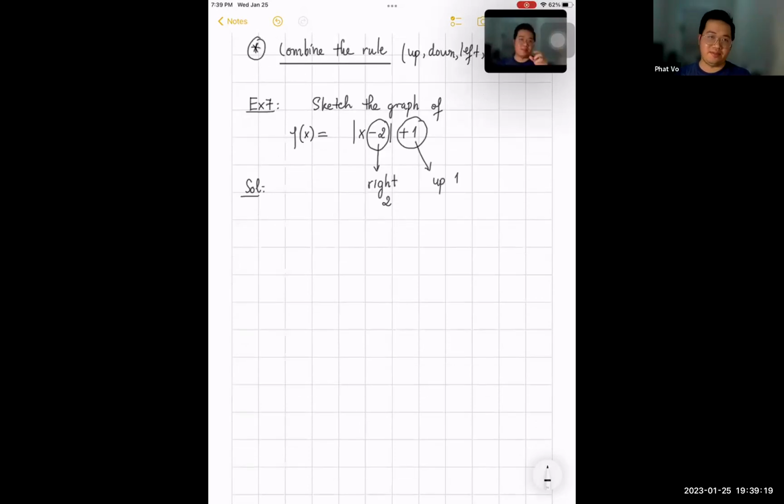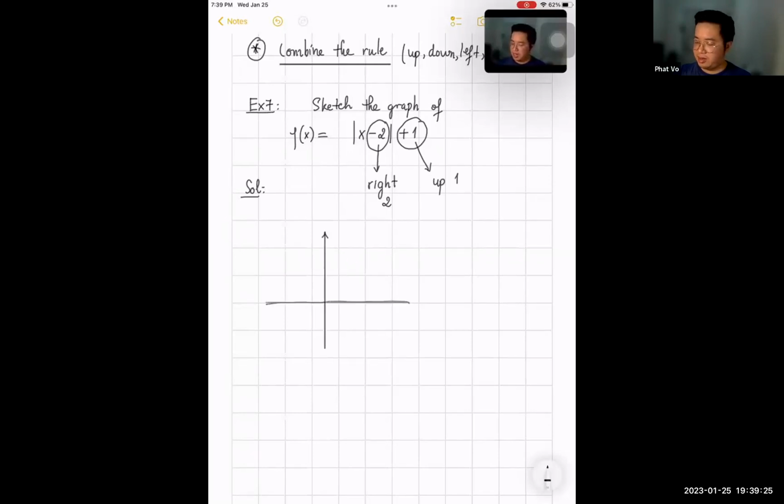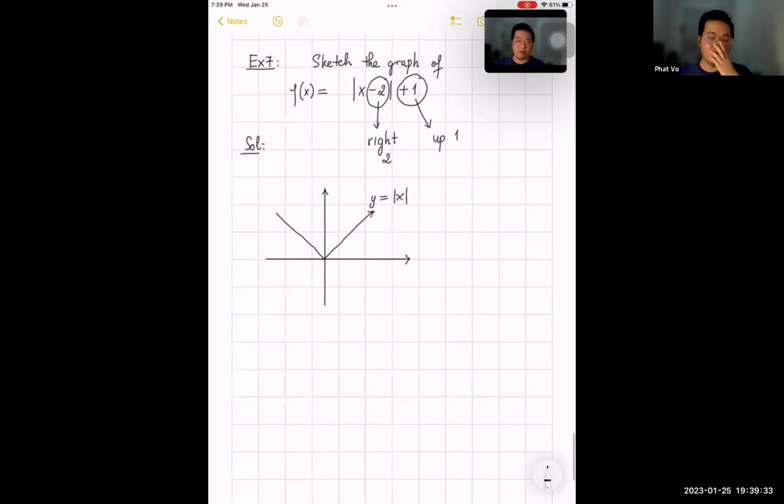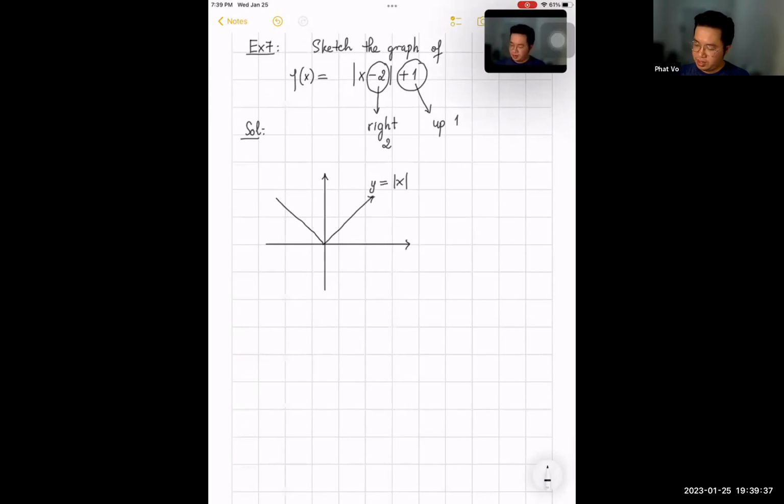Of the basic functions, the basic function here is the function of absolute value of x, right? So now we will move right 2 and go up 1. This function should become, okay, I will go right 2, so that is here.